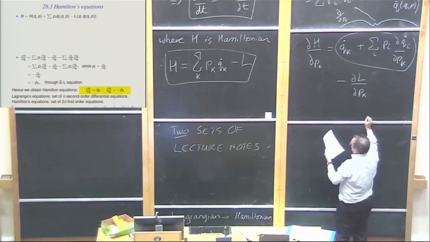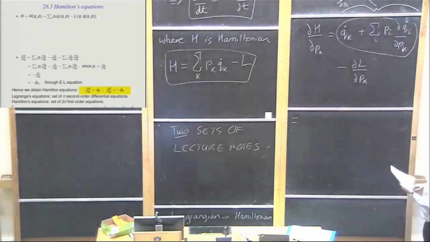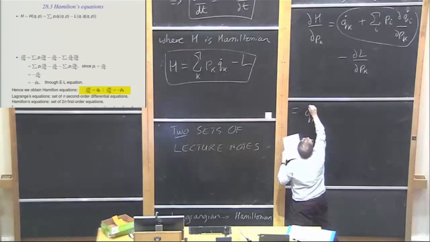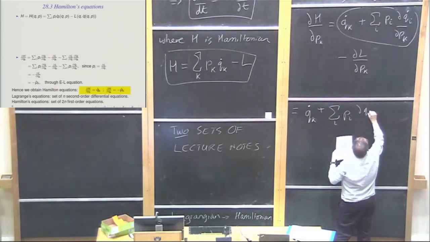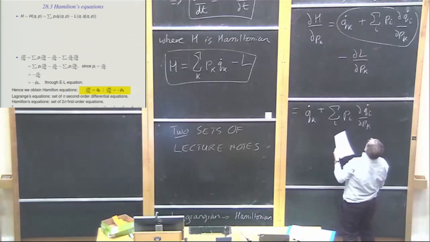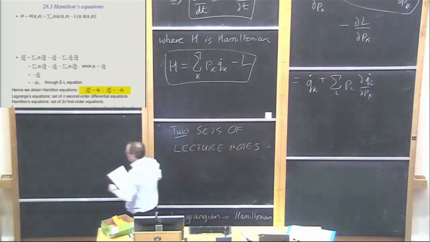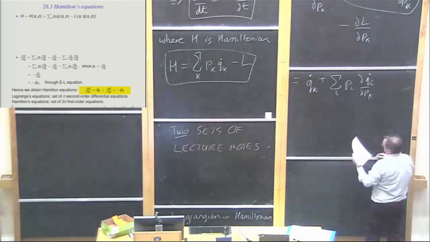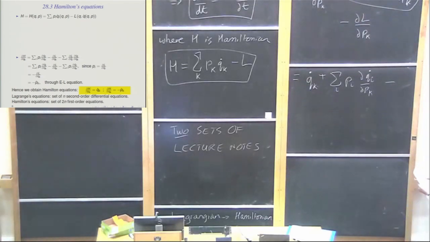So let's write this again and try to simplify things. The first two terms I'll for now leave just as they are. So it's q_k dot plus the sum over i of p_i dq_i dot by dp_k. But this second term, more chalk needed, I can write as minus dL by dp_k.